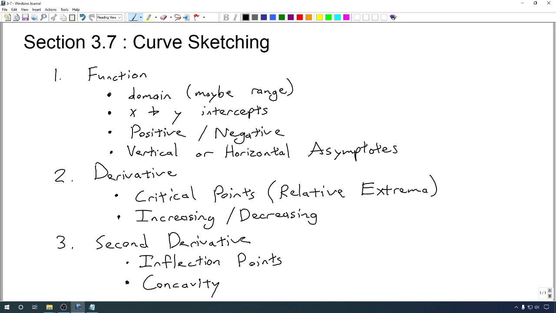When we do the same thing for the derivative instead, now we're finding critical points of the original function and asking where the original function is increasing or decreasing. And then finally, with the second derivative, again, the exact same process identifies those inflection points and the concavity. So a lot of repeated ideas going on in here, but they have different meanings depending on which one of these three functions we're looking at, whether it's the original function or its first or second derivative.